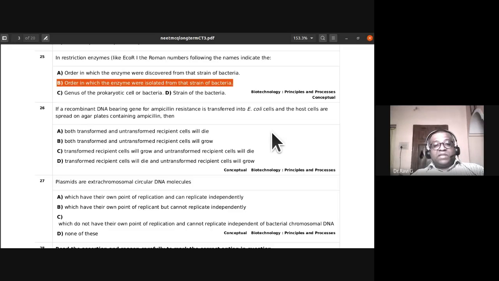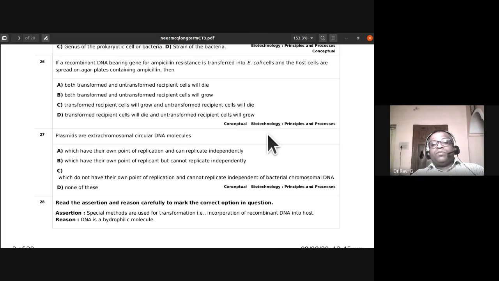Transformed recipient cells will grow and untransformed recipient cells will die. Transformed recipient cells will die and untransformed recipient cells will grow. So what is going to happen? Transformed recipient cells will grow and untransformed recipient cells will die.